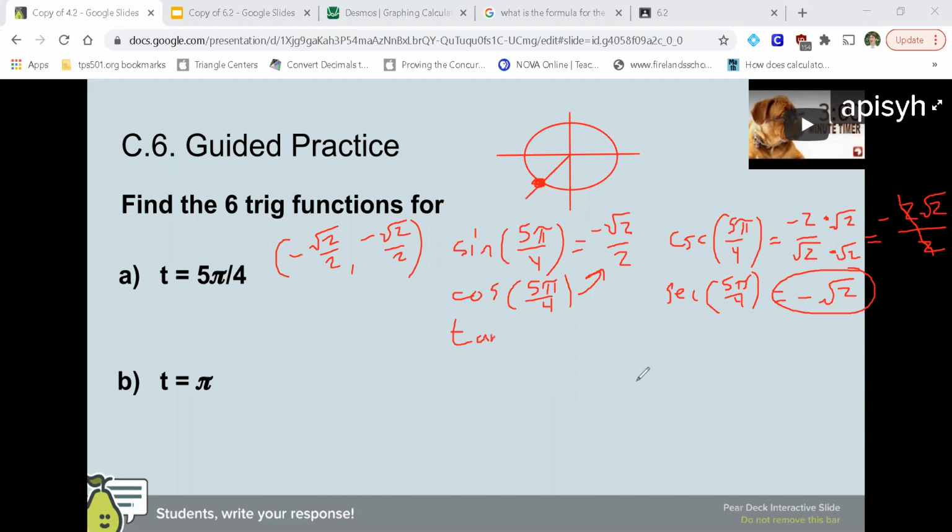The tangent is also pretty easy to find. Since the y and x values are the same, anything divided by itself is just 1. And the reciprocal of 1 is 1.